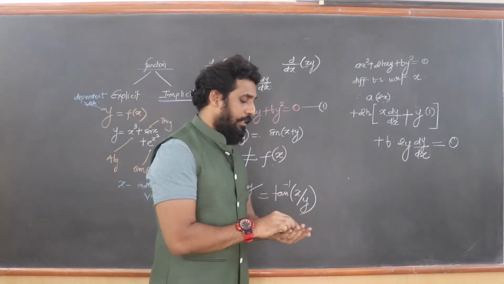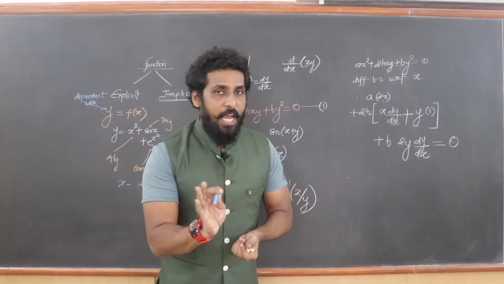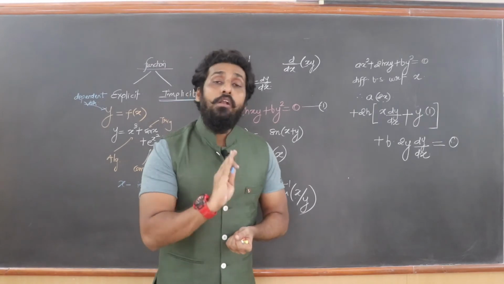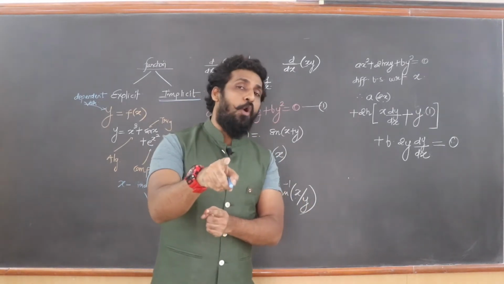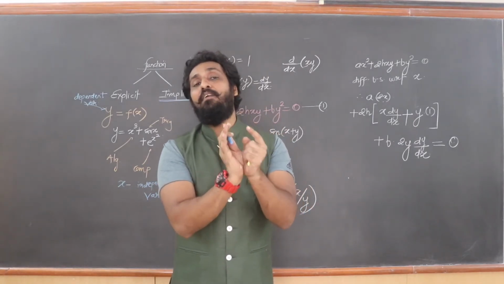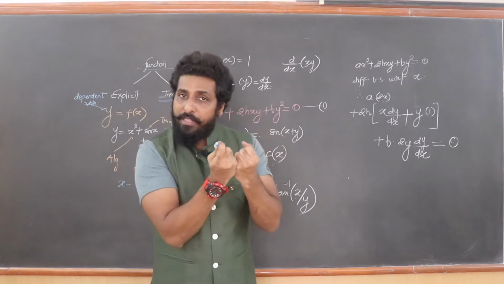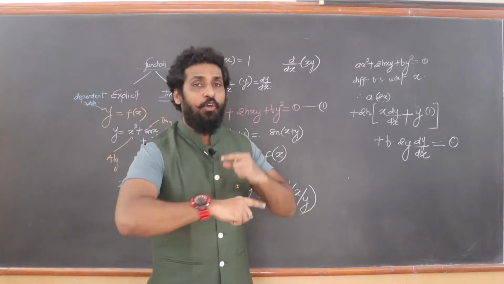Now what you should be doing in such kind of questions is get all terms of dy by dx on one side and all terms which do not contain dy by dx on the other side. Mark my words very properly. I said take all the terms which contain dy by dx on one side, collect all of them on one side, and all terms which do not have a dy by dx on the other side.